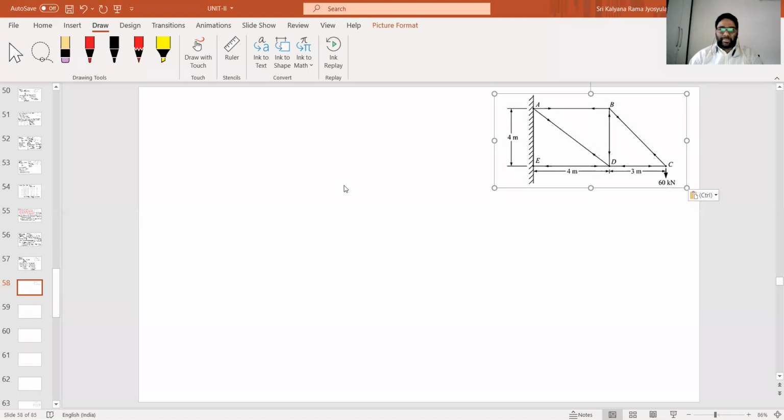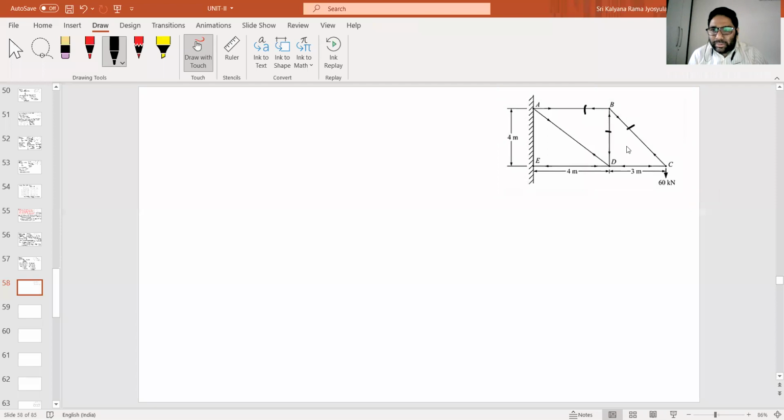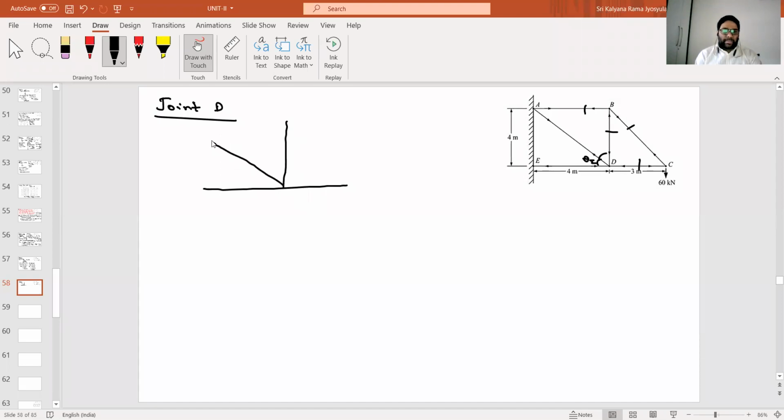Now let us go to joint D. So we got this, this, this, and this. Now joint D means this is theta 2, right? And this is also same. So these are the forces acting.